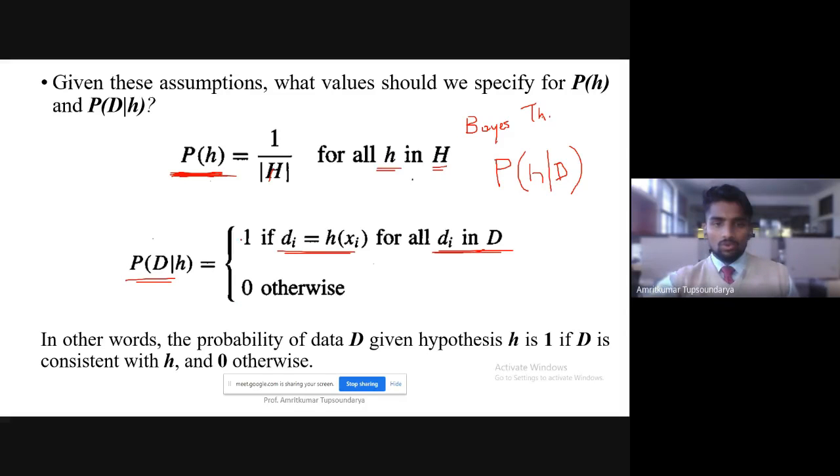So how do we get this 1 and 0 here? In simple terms, the probability of D given H will be 1 if the data is consistent, and otherwise, when the data is not consistent, the probability will be 0.